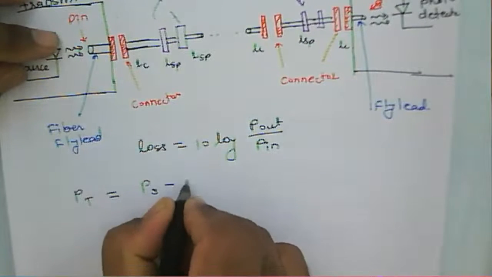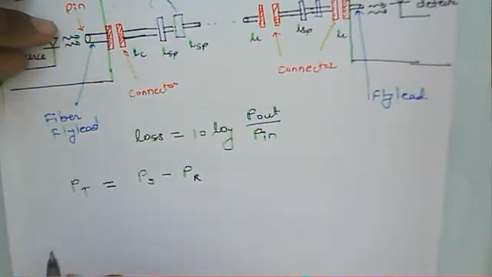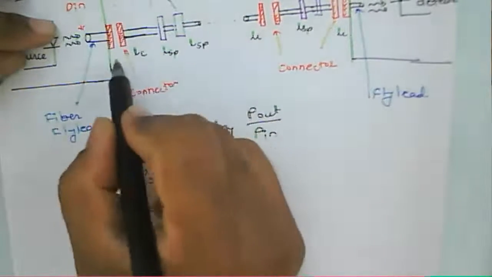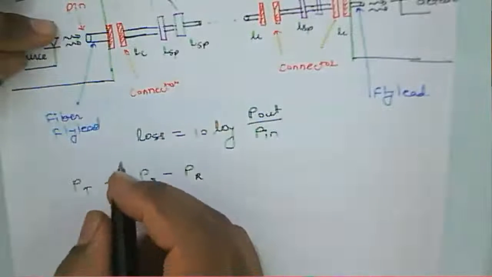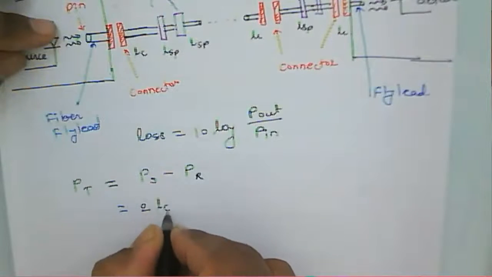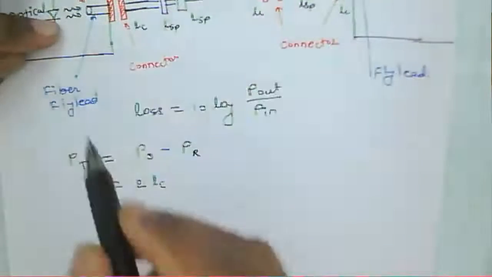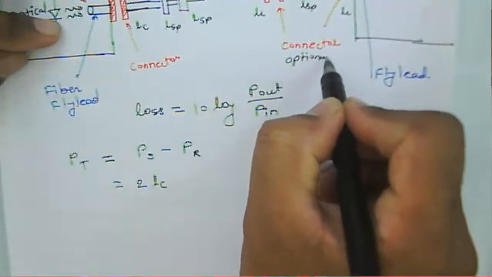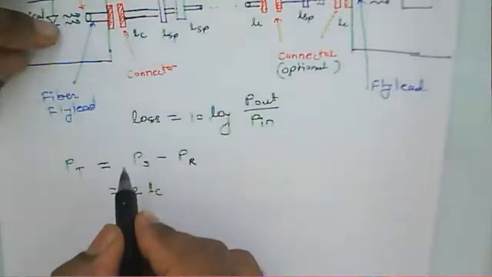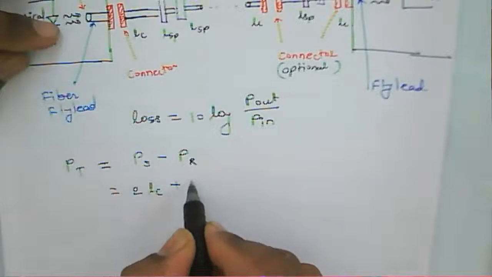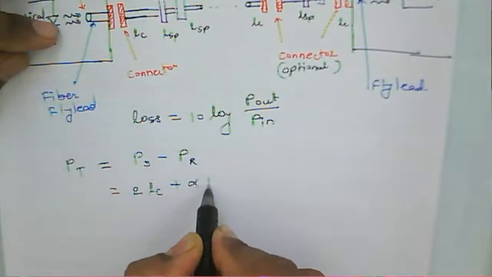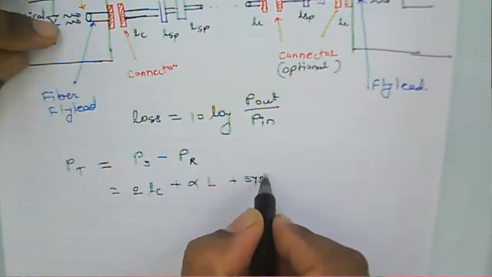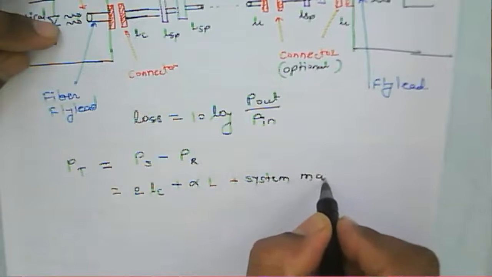So we should know the receiver sensitivity in terms of power. Here we have used two connectors at the ends. So we say there is a transmitter loss, and between transmitter and receiver there may be a connector. If this connector is in between the link, that can be an optional connector. Plus, we have the loss due to the length of the fiber, and then a system margin.